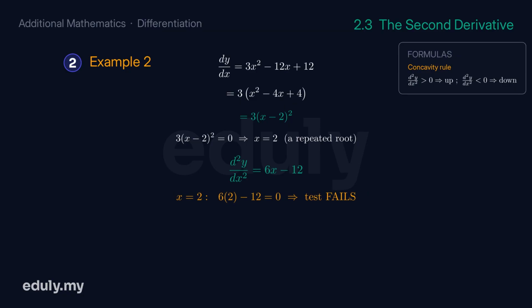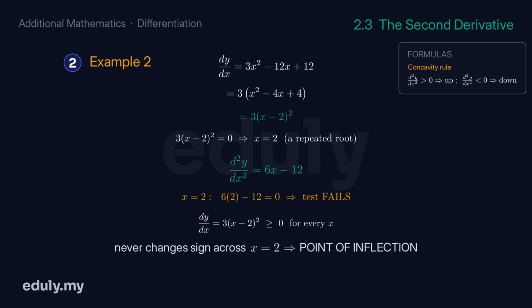Differentiate dy over dx again, 6x minus 12. At x equals 2, that's exactly 0, so the second derivative test fails to decide. Fall back to the sign of dy over dx itself.